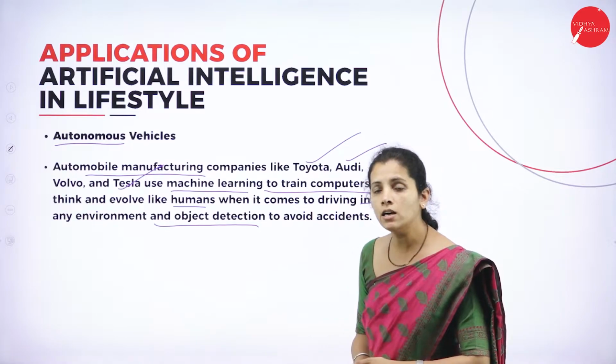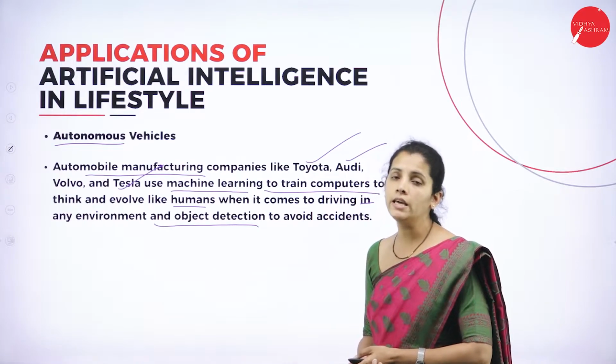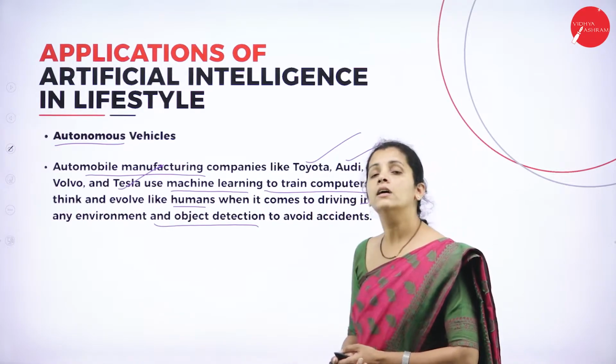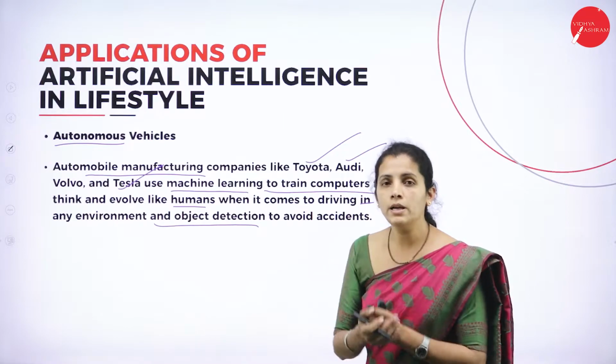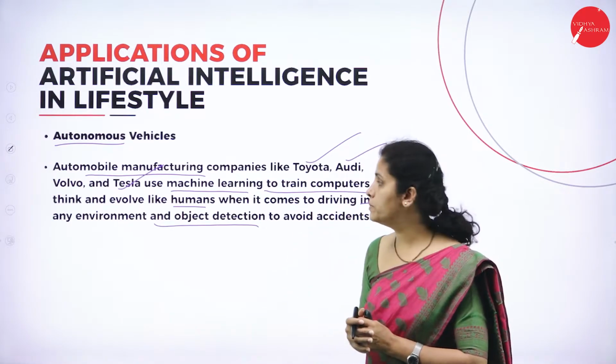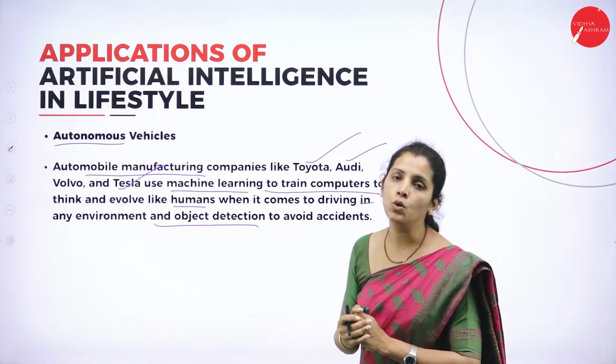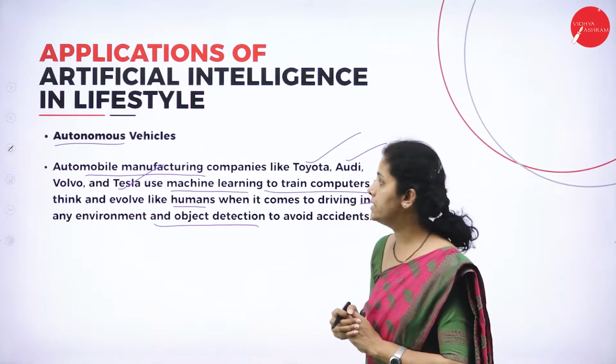That means here we are going to use machine learning to train the computers, and it must think like a human being and it must make a decision like a human in order to identify the object and in order to avoid the accident.